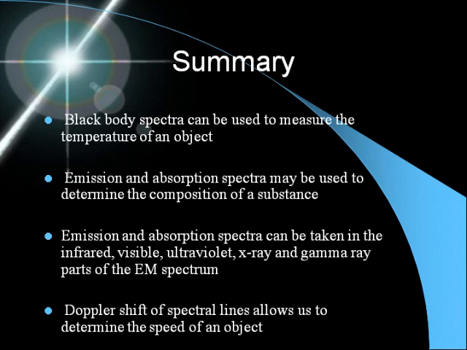So this is something that we use on Mars quite a bit. And then finally, gamma ray spectra can also be used to help identify different atoms in minerals and different types of minerals. Finally, the Doppler shift gives us a speed. So temperature, composition, and speed go a long way to explaining what we're observing.